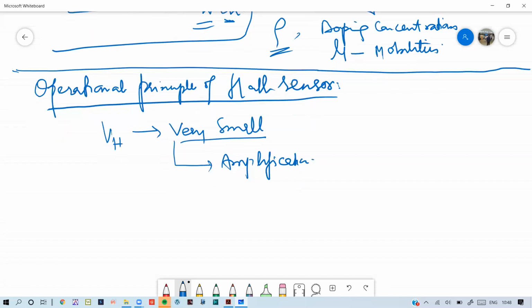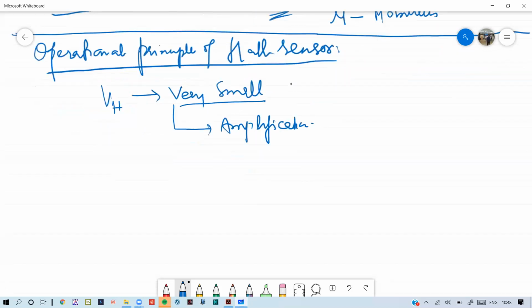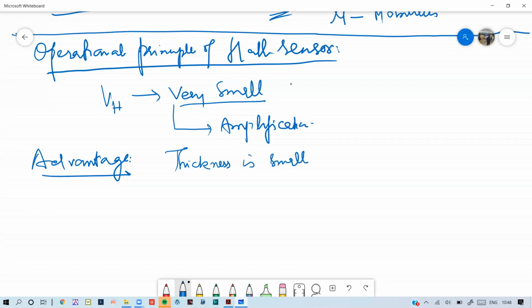The advantage of these Hall sensors over other sensors is that the sample thickness is very small.